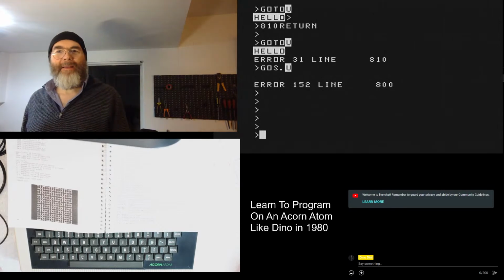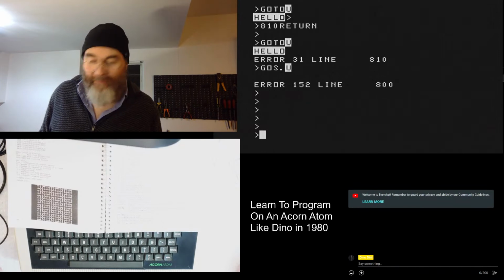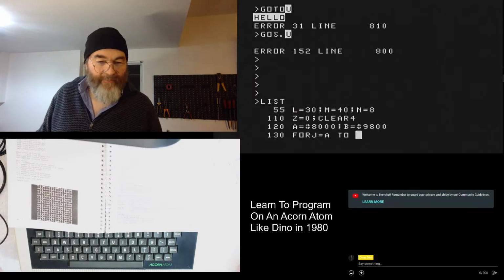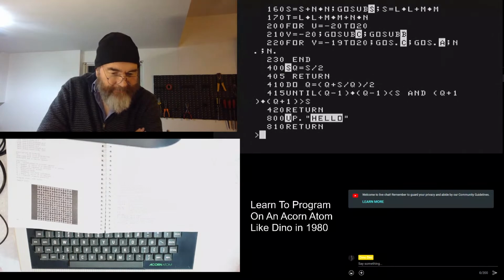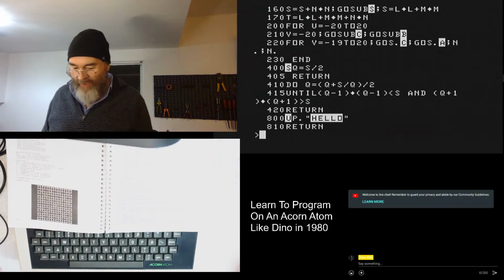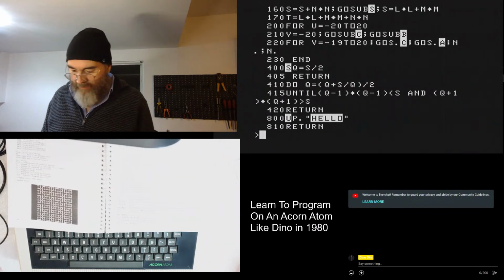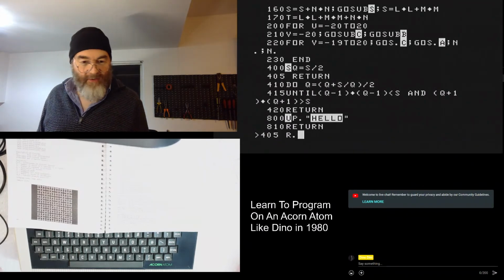That's bringing back memories indeed. What am I doing wrong? If I list this out, could it be something to do with... Oh, I'm looking at 400, lowercase s, and q equals s divided by 2. 405 space r dot.